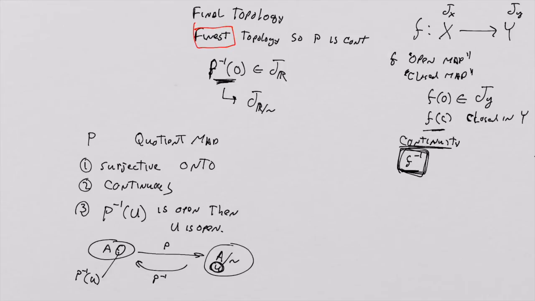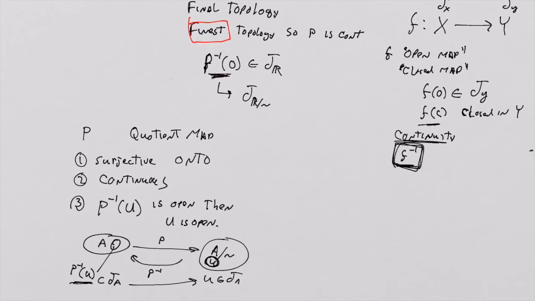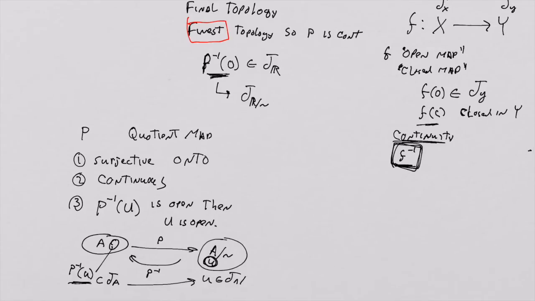If P inverse of U is an element of the topology of A, that must imply that U is an element of the topology of A by the equivalence class.